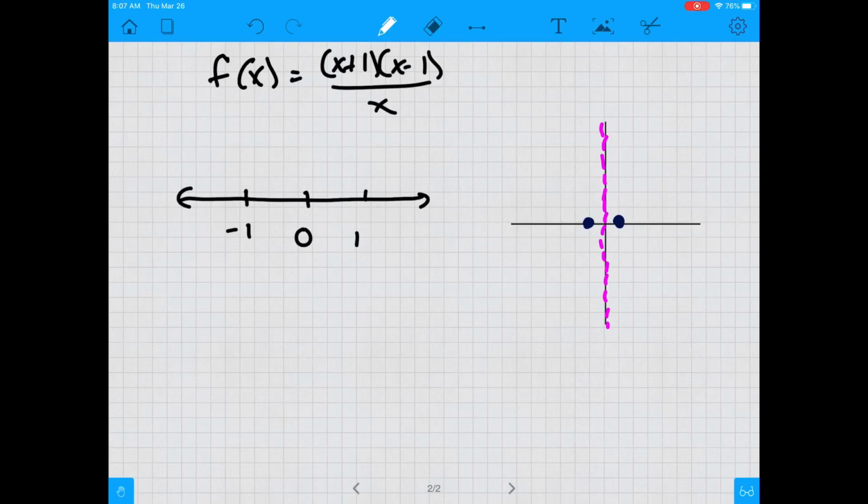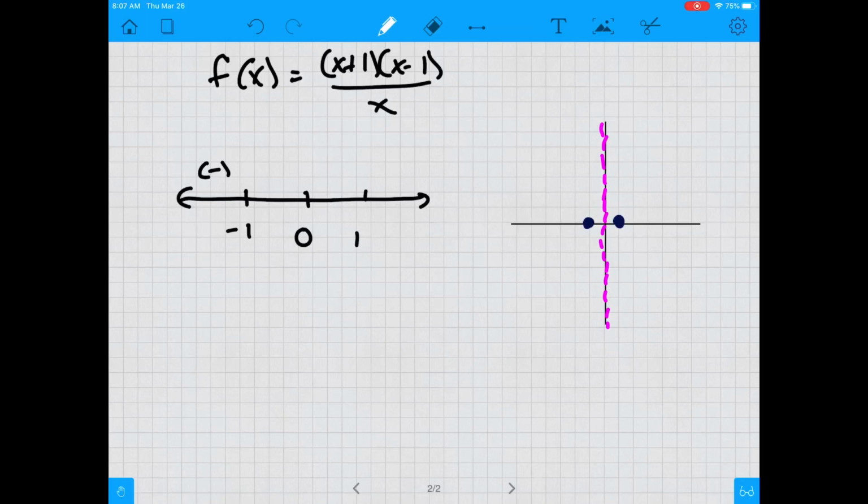And if we remember from the last screen, x plus 1, x minus 1, all over x. So when I plug in a point less than negative 1, let's say negative 2, my numerator is a negative over a negative, so the whole thing ends up being negative. Let's say I plug in something like negative 1/2.